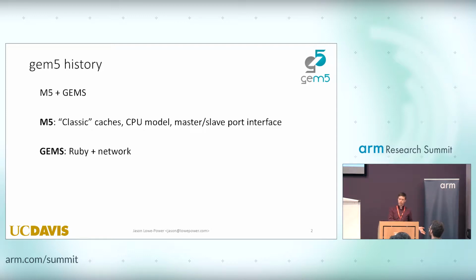And then GEMS, on the other hand, had Ruby and network simulation, and other pieces like Garnet came into this GEMS interface, but it didn't really have CPU models. It would use SIMICS on the back end for execution. So when SIMICS licenses got harder to get, we moved and migrated Ruby into gem5. So this is kind of why these two memory systems are completely separate. And we'll see a little bit about how they interact as we go through.